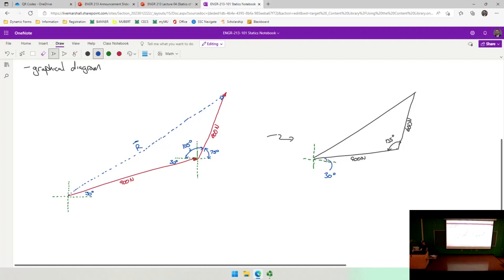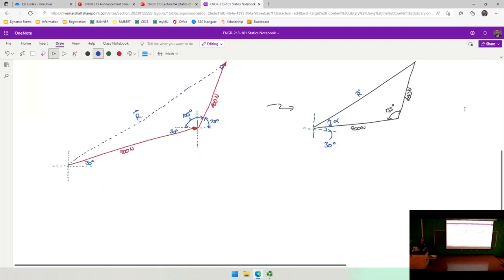I'm going to solve for this magnitude, or this is that vector, and I'm also going to solve for this angle right here. And I'm going to call this angle alpha. I just need to give it a name. It doesn't really matter. I can call it X. I can call it beta. I can call it what have you. I'm just going to call it alpha. No reason. Just I felt like using alpha this morning.